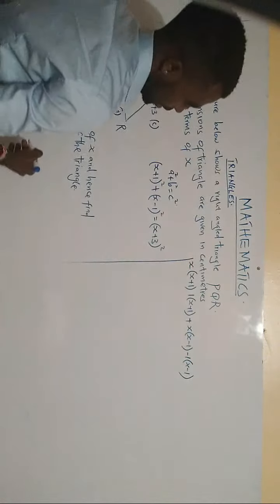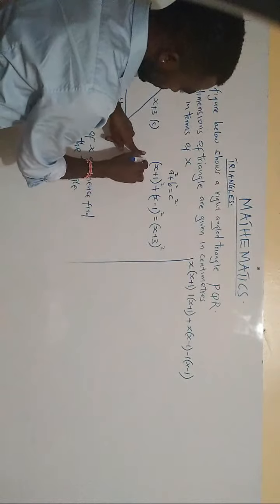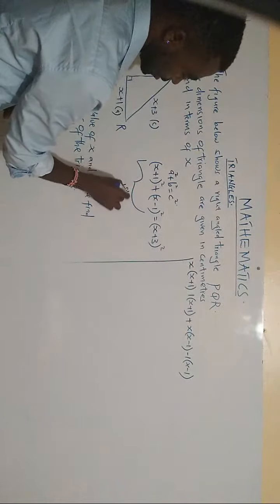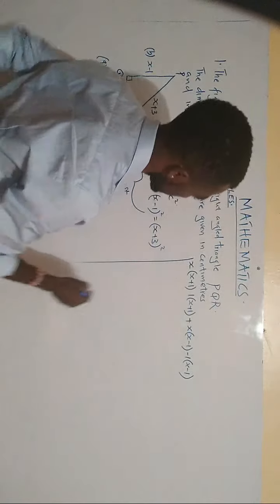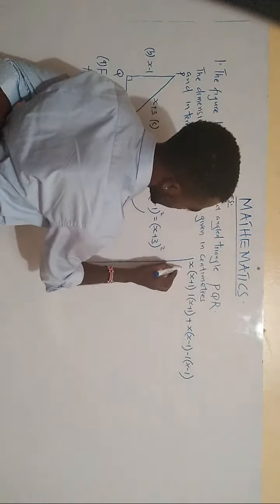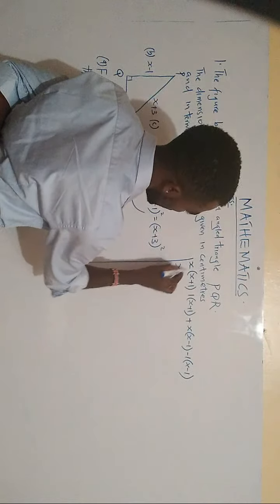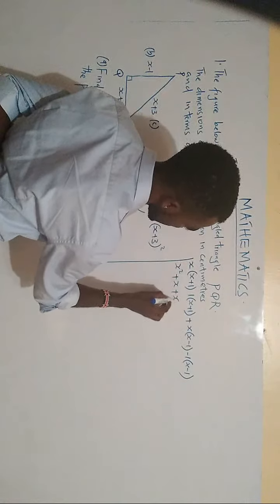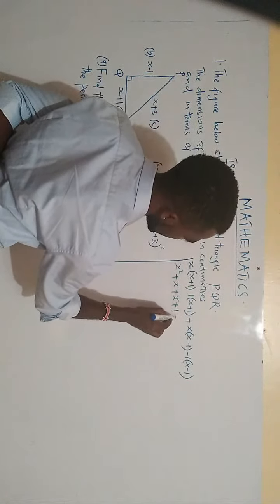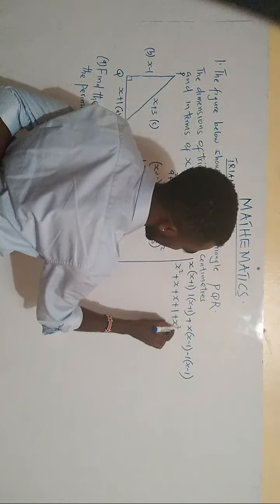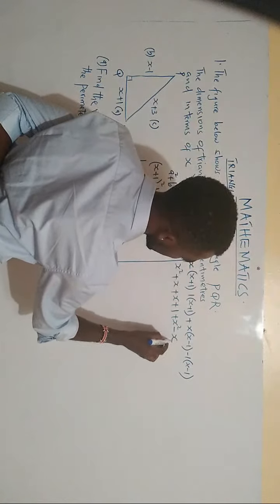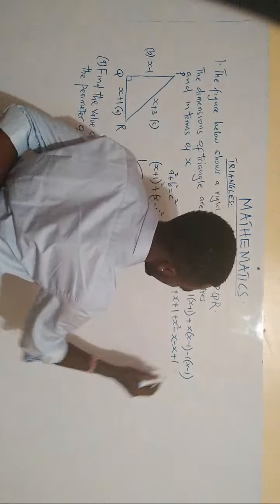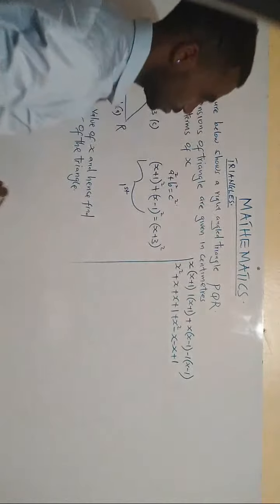Opening the brackets, we have x squared plus x plus x plus 1, plus x squared minus x minus x plus 1, which is a positive number.